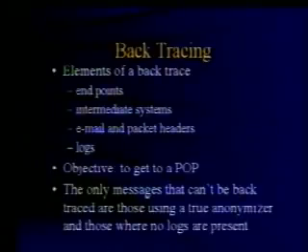These are places where you may be able to associate an IP address with an account. If you can't, then you need to keep going backwards until you can, because obviously this has been used as an intermediate point.